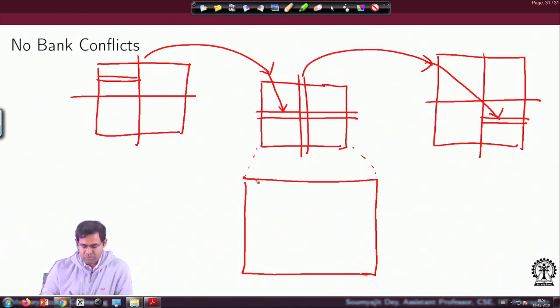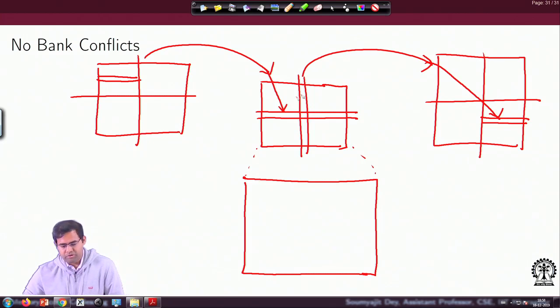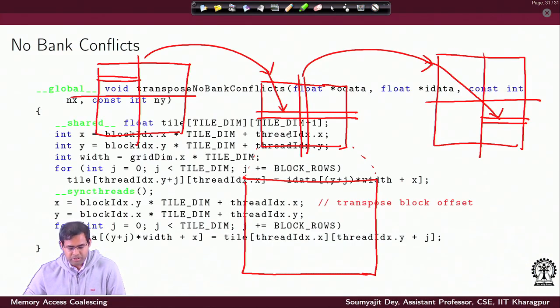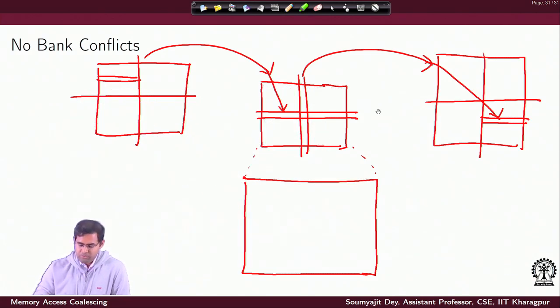I would like to repeat that we have just increased the dimension, nothing else has changed in the code, which means none of the threads use this extra location for copying data, I do not load anything from this location or write back to it.